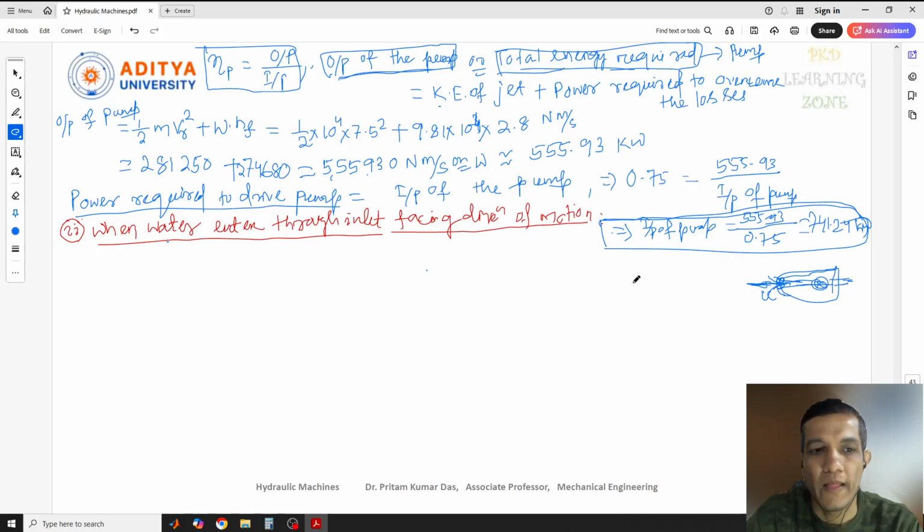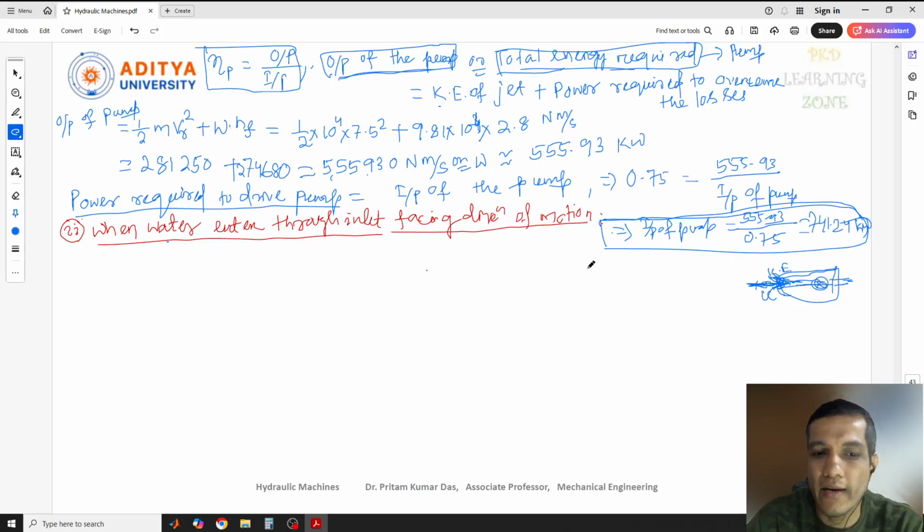For this condition we need to find out the power required to drive. When the water enters facing the direction of motion, obviously it possesses some kinetic energy, corresponding to the velocity of the ship, because this velocity and this velocity are the same.